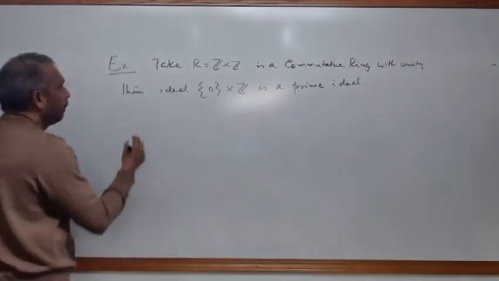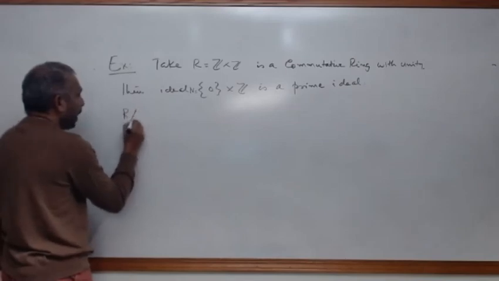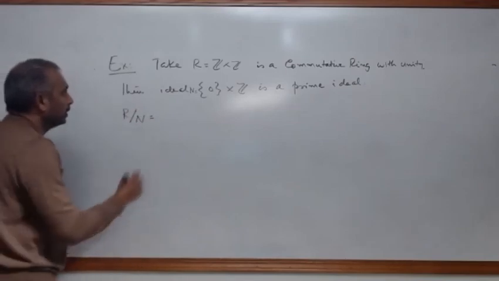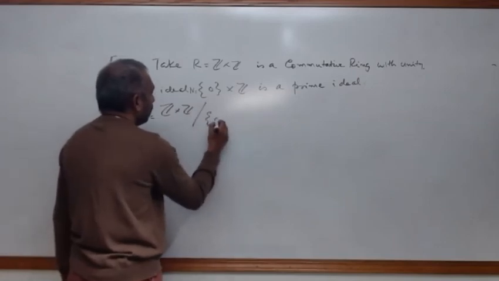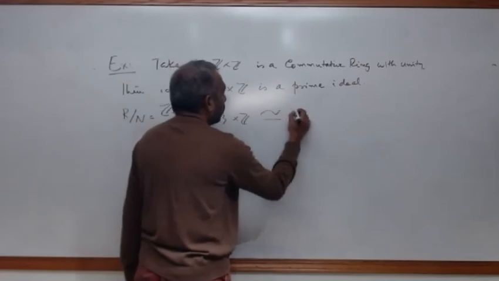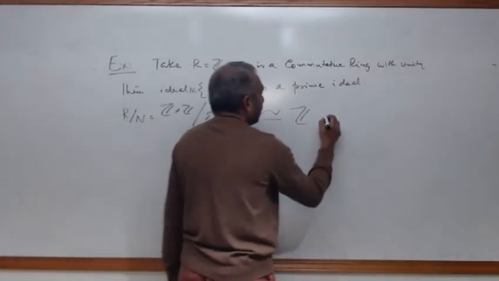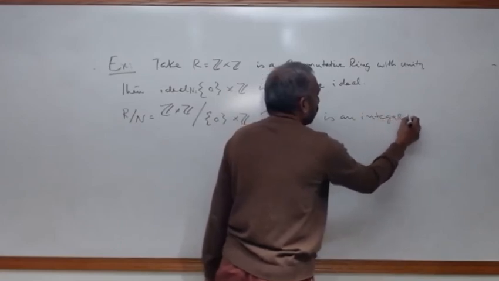Why? Because let's take this as equal to N. R by N is equal to Z cross Z over 0 cross Z, and that is isomorphic to Z and is an integral domain.